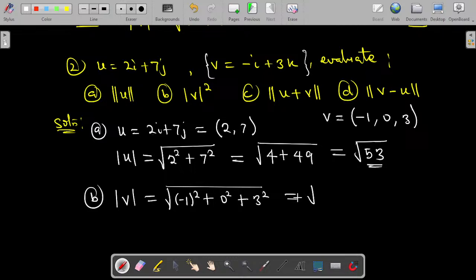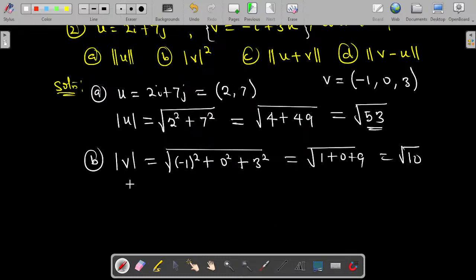That's correct. So the square of minus 1 is 1, and then you have 0, then you have 9. So this is going to give you the square root of 10. All right, so that now means that the answer for our number B, which is the square of the magnitude of V, is now going to be the square of root 10.